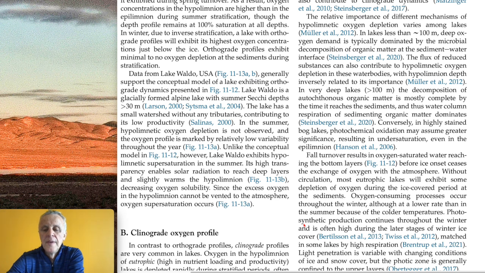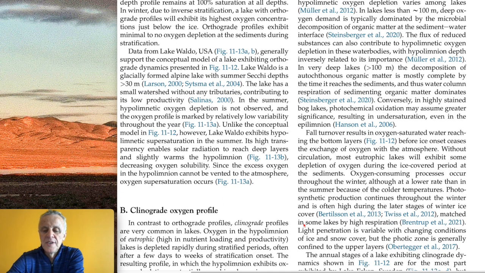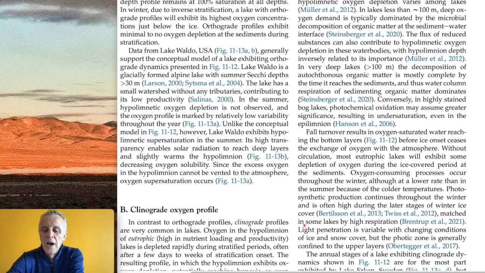Fall turnover results in oxygen-saturated water reaching the bottom layers before ice onset ceases the exchange of oxygen with the atmosphere. Without circulation, most eutrophic lakes will exhibit some depletion of oxygen during the ice-covered period at the sediment. Oxygen-consuming processes occur throughout the winter, although at a lower rate than in the summer because of the colder temperature.